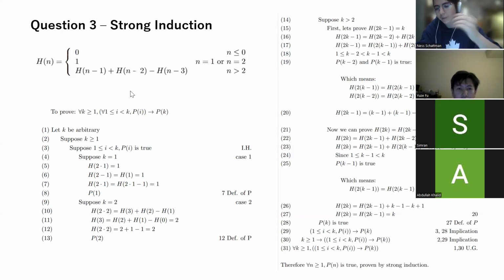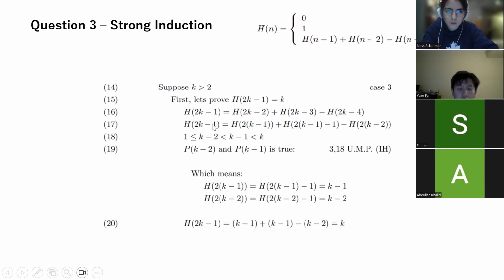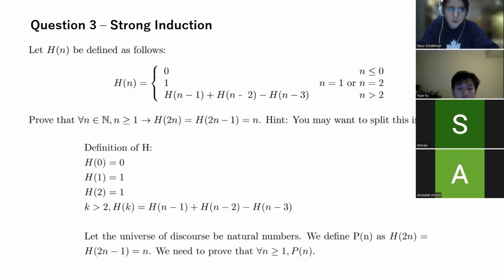P of n is always going to be what we want to prove. What equation do we want to be true for any value of n that we sub into it? In this case, let's look at what we're trying to prove here. We have h of 2n is equal to h of 2n minus 1 is equal to n.